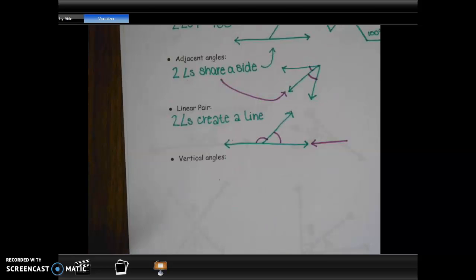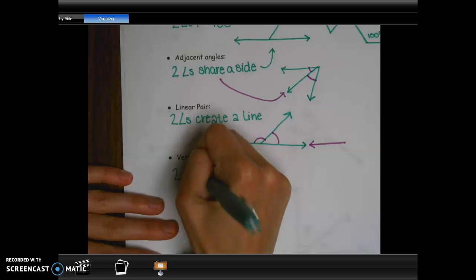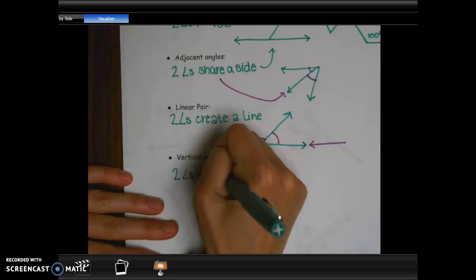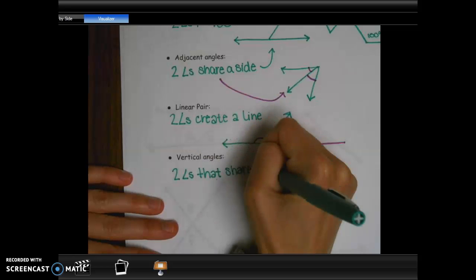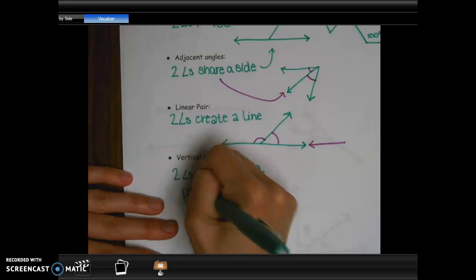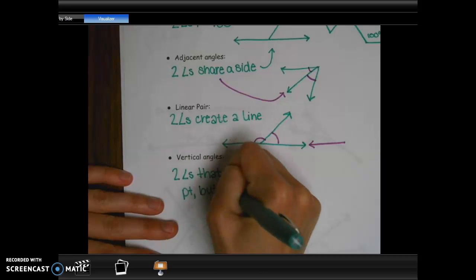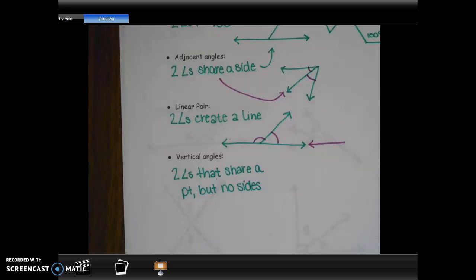Vertical angles. These are two angles that share a point, but no sides. And that's the way I define it. The book says something like two angles that are created by two pairs of opposite rays.